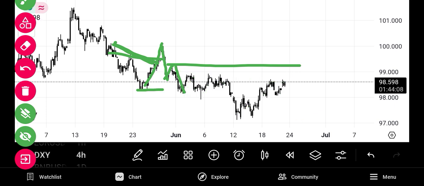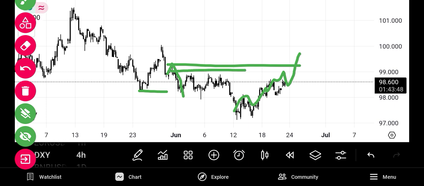Why do I pay special attention to that area over there that I just marked out? It's because this is the last high before this break. So usually when price is looking to come up, I don't expect price to take these out because those usually hold.